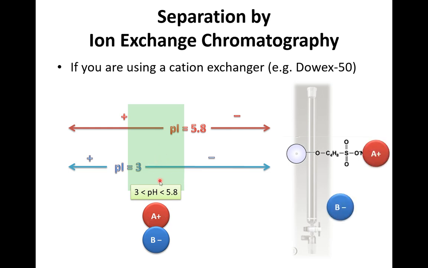What would happen in this scenario? If you ran this mixture at pH 4.5, molecule A, so amino acid A in this example, will be positively charged and therefore would bind with the negatively charged cation exchanger, the DOX50. Whereas B is negatively charged, it will be repelled and will follow the movement of the mobile phase, the buffer, downward.